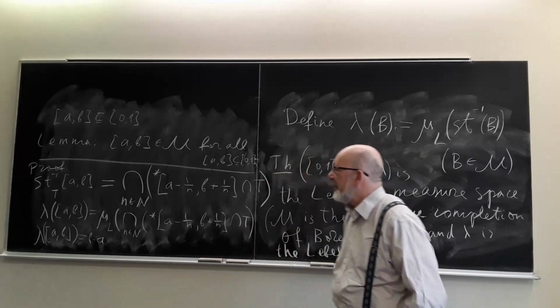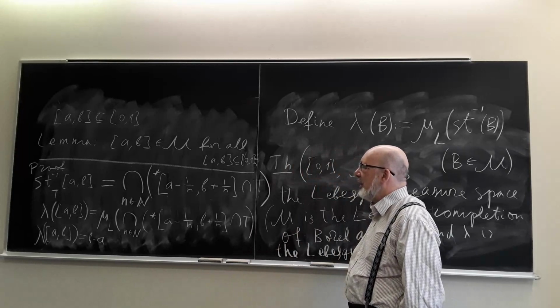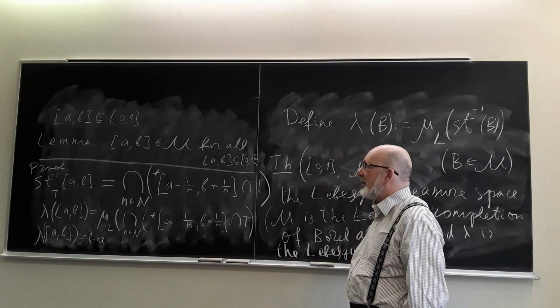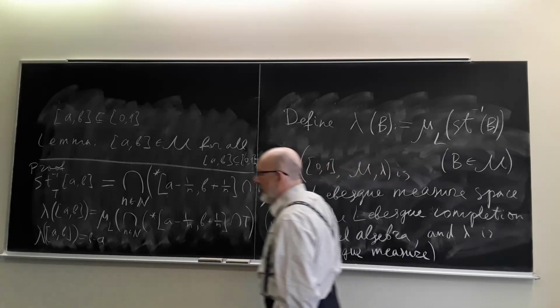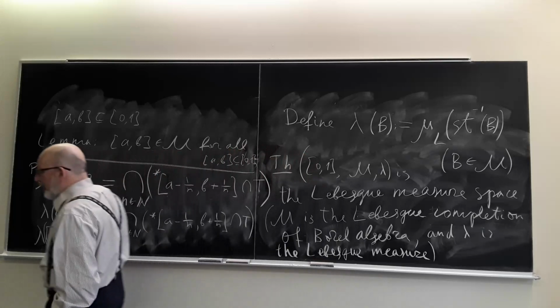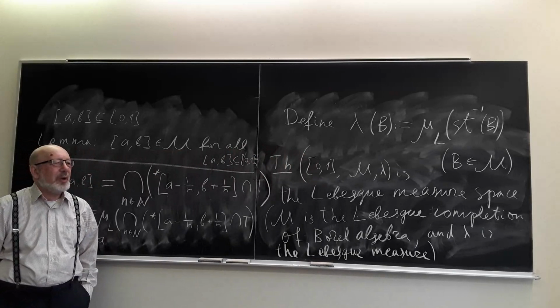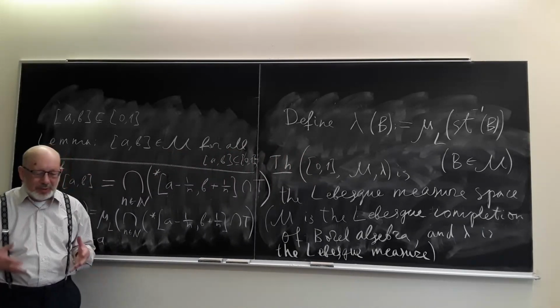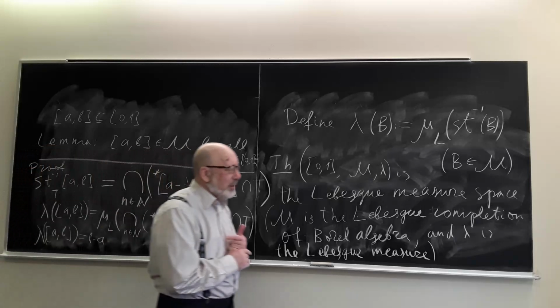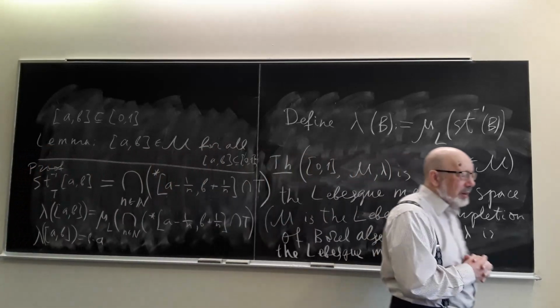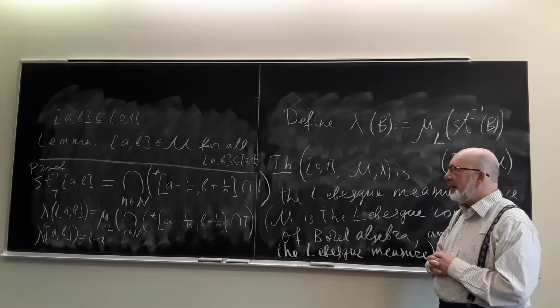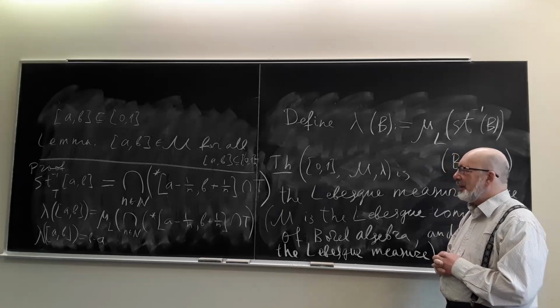This way we can define the measure on the segment, which is exactly the Lebesgue measure. It is great that Lebesgue measure is so universal, so fundamental that it can be obtained from a completely different side.